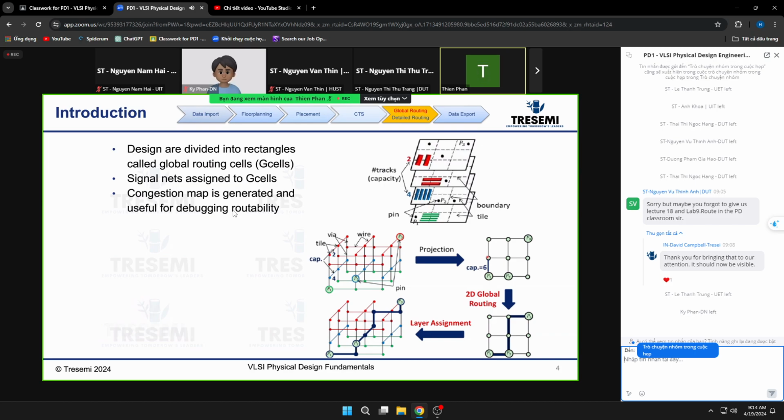That's what they call capacity, or the routing resource that you have. You have 6, vertically and horizontally, right? Then they do the calculation and come up with the route. And these are one of the routes that they can come up with, right?